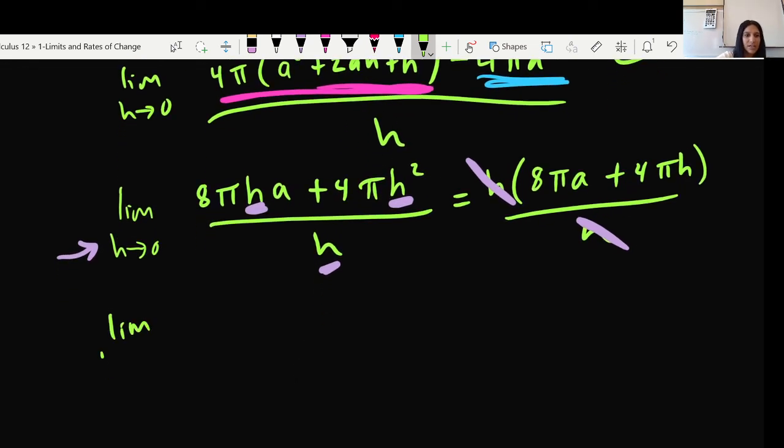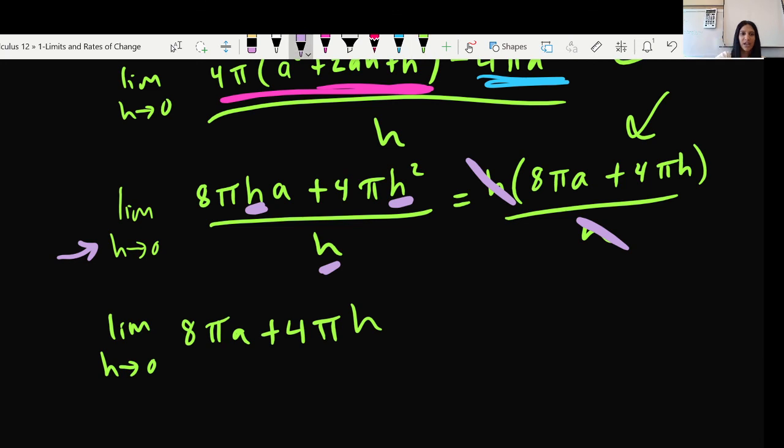So then notice where that leaves us. We have the limit as h approaches 0. And again, looking at this here, all we're left with is 8 pi a plus 4 pi h, but notice if we have h approaching 0, that means that part's wiped out. So what does that mean?